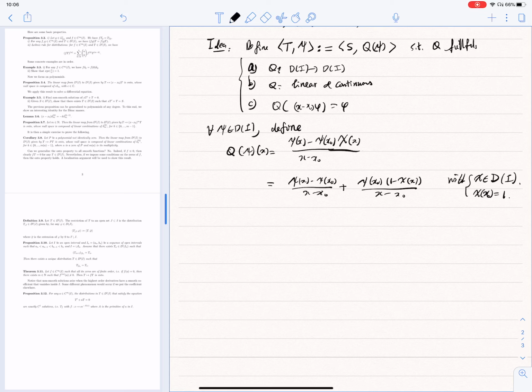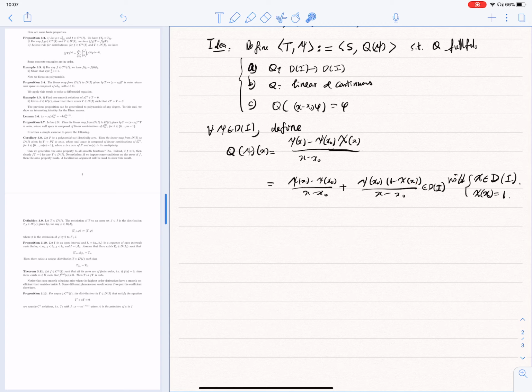And indeed, we show that this guy will be a test function if we have a test function chi satisfying the fact that it takes the value 1 at the point x naught. There's no singularity on the point x naught because of this requirement on x naught. 1 minus chi of x will cancel the singularity.